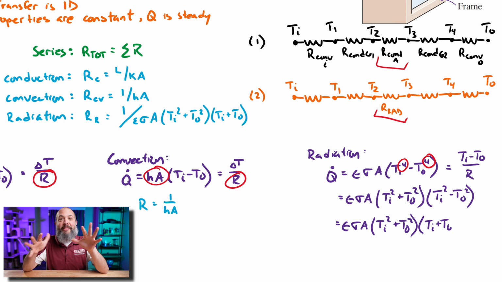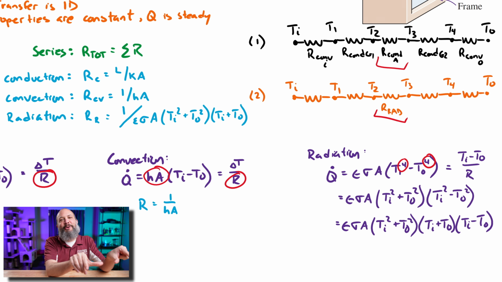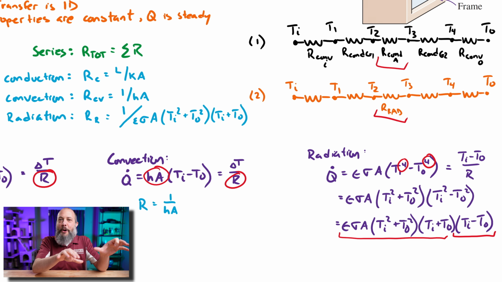All right, halfway there. Now we just take the second half of this, the one where now we have a temperature squared minus temperature squared, and split that into two separate terms, one with an addition and one with a subtraction. And so now you can isolate the delta T, it's just this last set of parentheses, and your 1 over R is everything else.